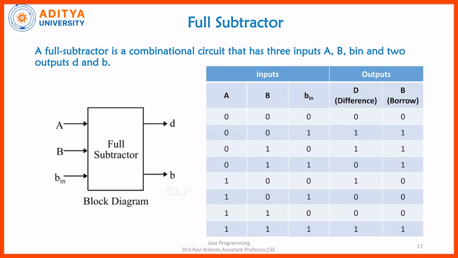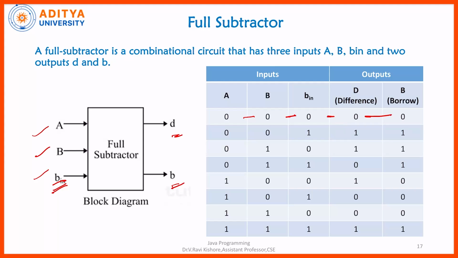And for the full subtractor, full means three inputs, and the last one we call a borrow in, and we will take the outputs as borrow and difference. So likewise we have to calculate. It is a simple example. See, 0 minus 0 is 0, the difference is 0. So there is no problem, both are zeros, right?